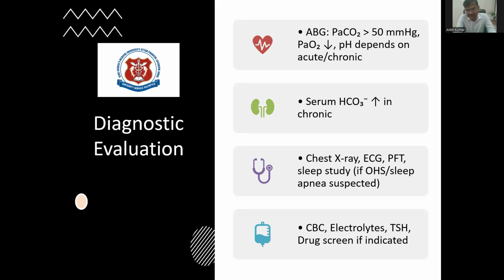In those patients who have type 2 respiratory failure, we should check a chest X-ray, check for cardiac abnormality through the ECG, and check for symptoms of snoring and obesity hypoventilation syndrome. And in those patients who are critically sick, we should check the complete blood count, electrolytes, and TSH level.